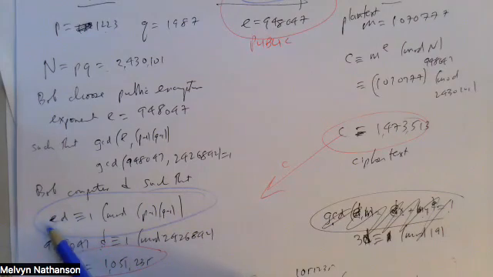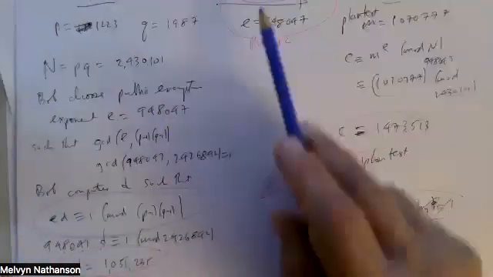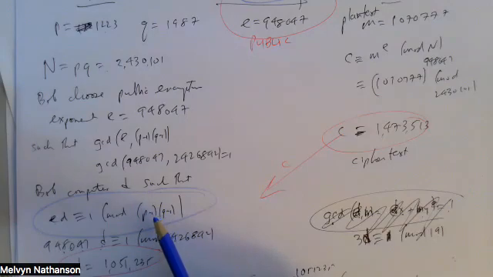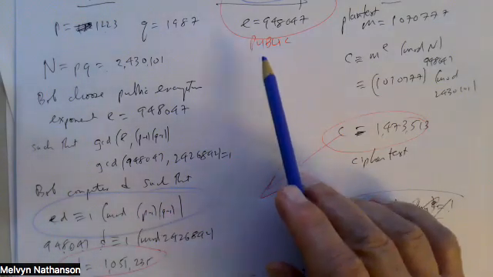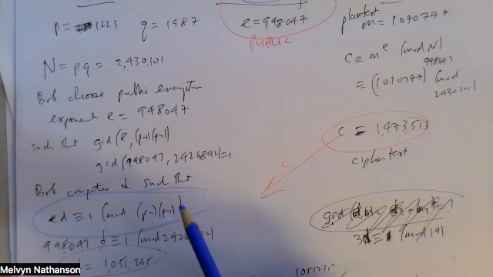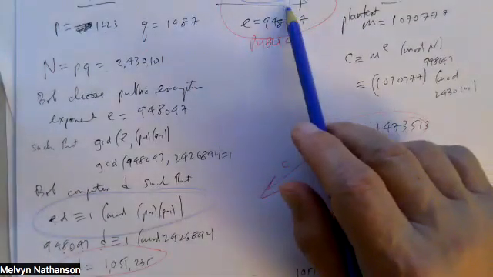You know E, you know N, you know P times Q, but you don't know P minus 1 times Q minus 1. If you could factor N to find P and Q, then you would find P minus 1 and Q minus 1, and you can solve this congruence. So the difficulty in RSA is the difficulty in factoring a number.